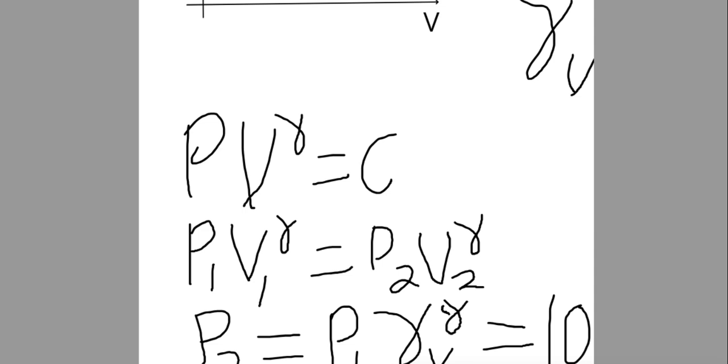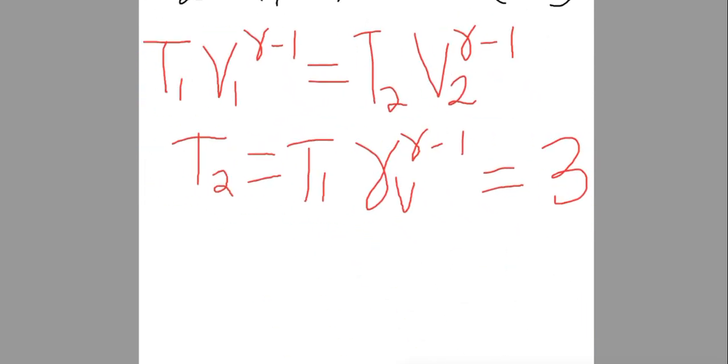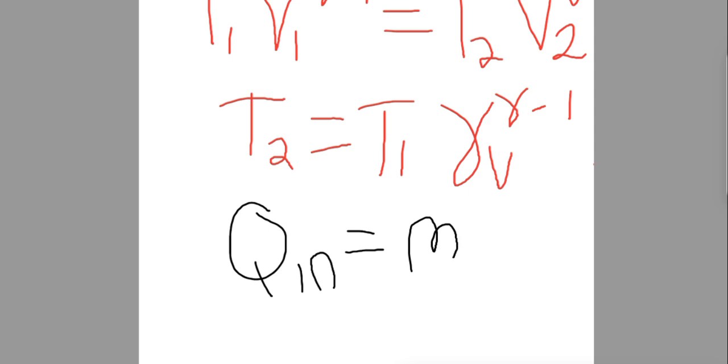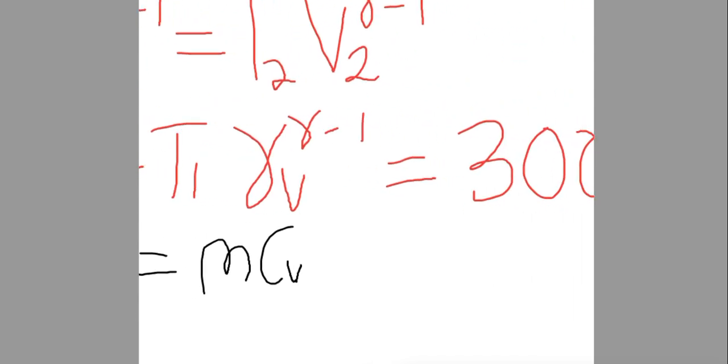So now let us check the formula for the heat added. The formula for heat Q in is equal to M times CV into brackets T3 minus T2.